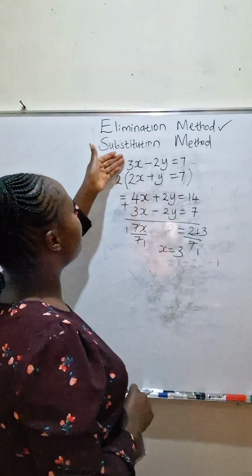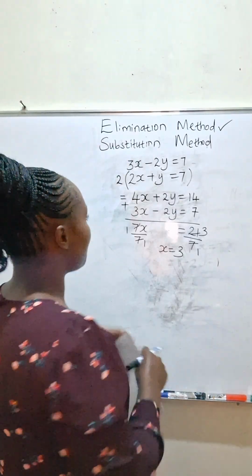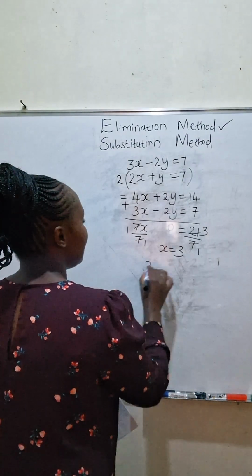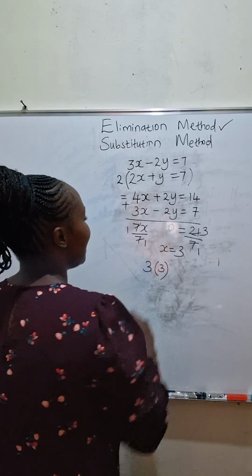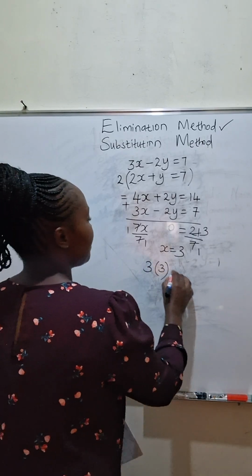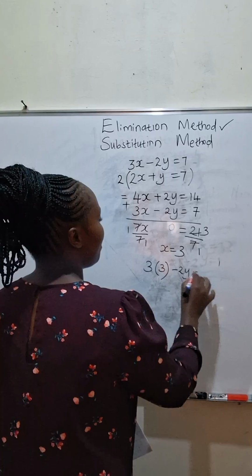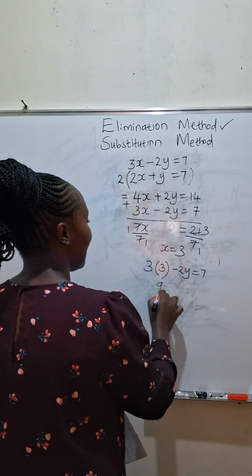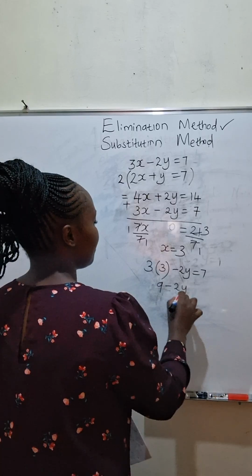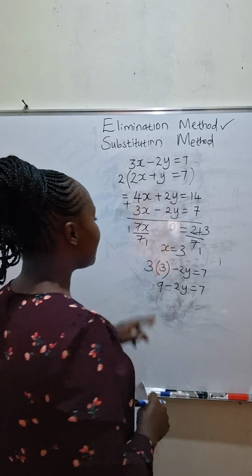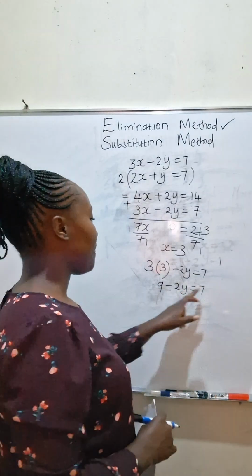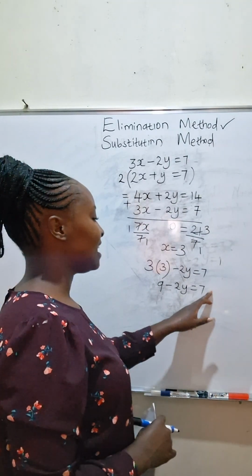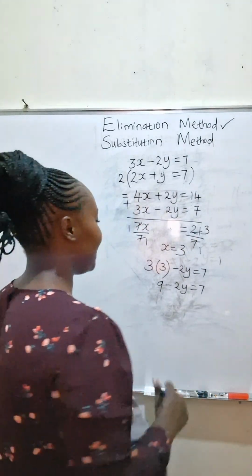If we choose to put it in the first equation, we say 3 in brackets, you replace x with 3, minus 2y equals 7, right? So 9 minus 2y equals 7. Take this 9 to the other side. If you take it to the other side, it becomes negative.